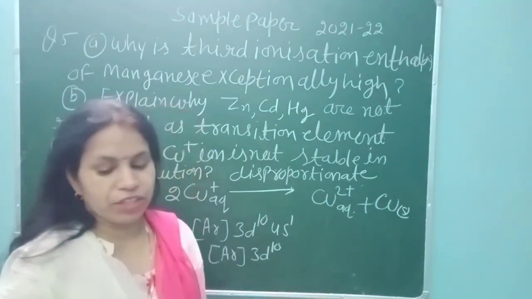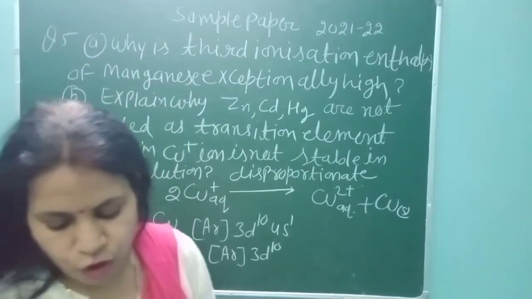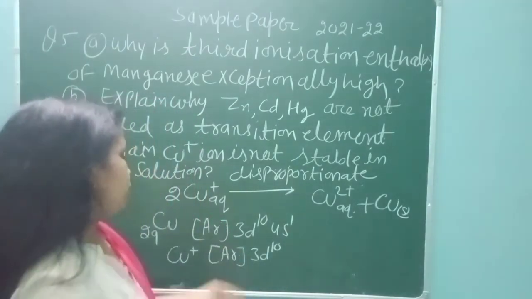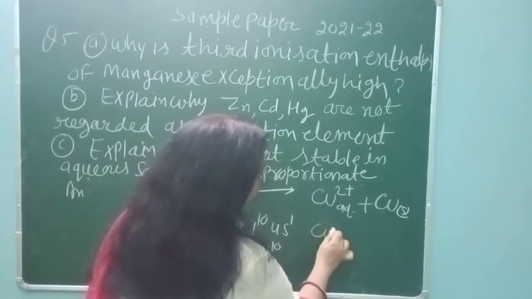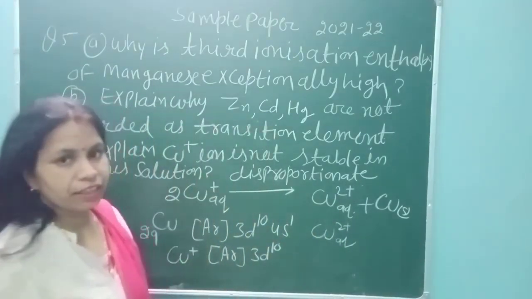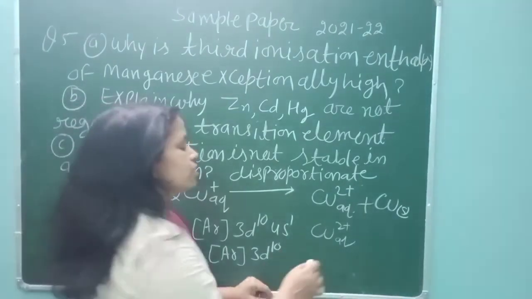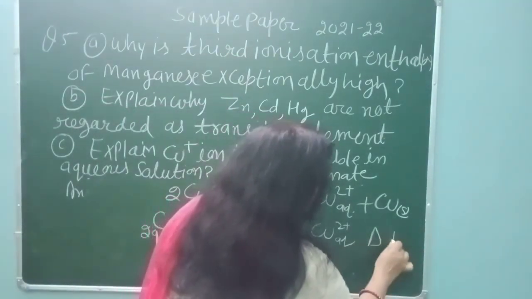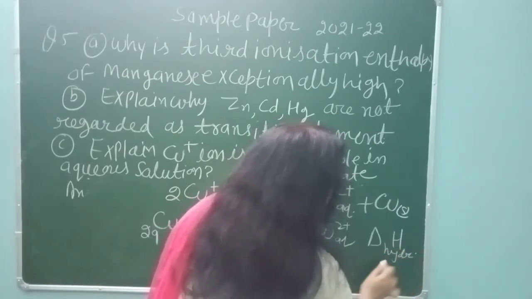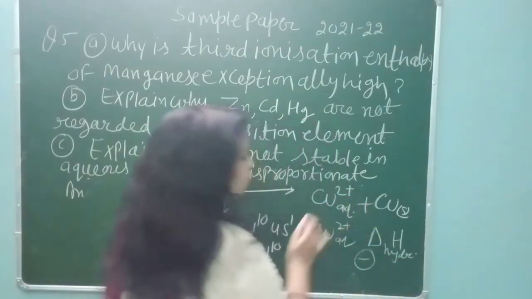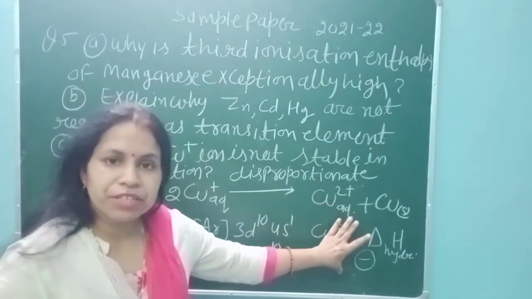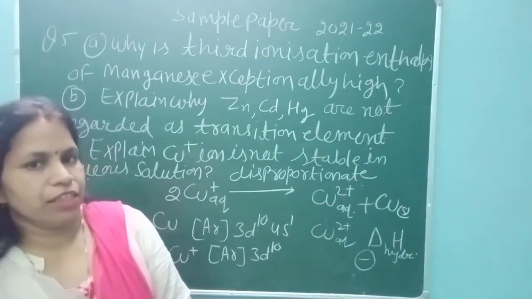The second ionization enthalpy of copper is high. लेकिन Cu2 plus में बेटा क्या होगा? For Cu2 plus in aqueous solution, it converts into 3d9. But for Cu2 plus, the hydration enthalpy is more negative.